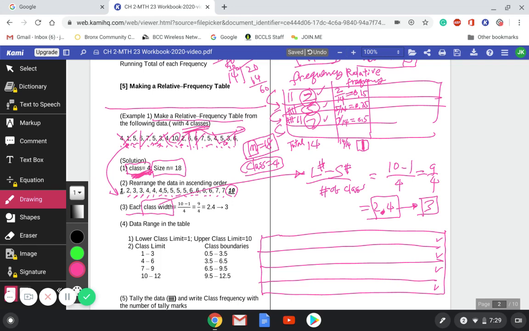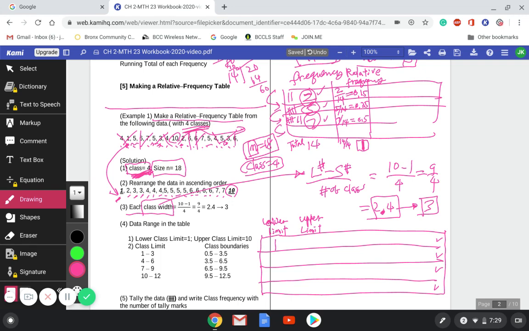And what number do you start with? You always start with the smallest number, or sometimes close to the smallest number. So the lower limit, that you start with, you start with a 1.